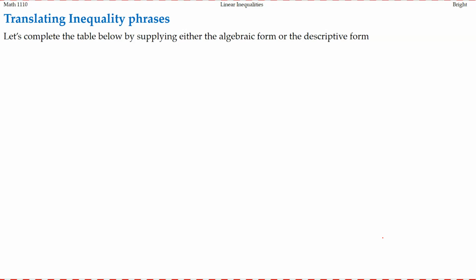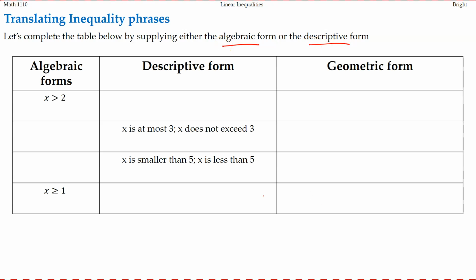All right, and then the other thing that we're going to be seeing with these is there's going to be some language associated to them. We can actually represent an inequality phrase using algebra, a description, and actually geometry too, using the real number line.